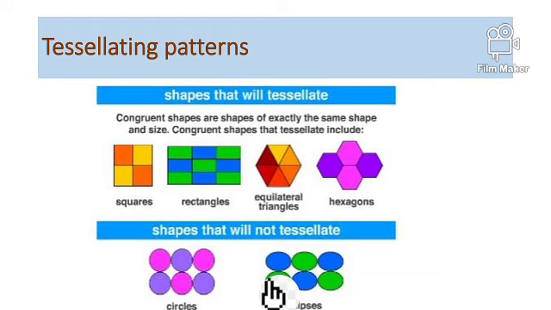Shapes that will tessellate are squares, rectangles, equilateral triangles, and hexagons. Shapes that will not tessellate are circles and ellipses.